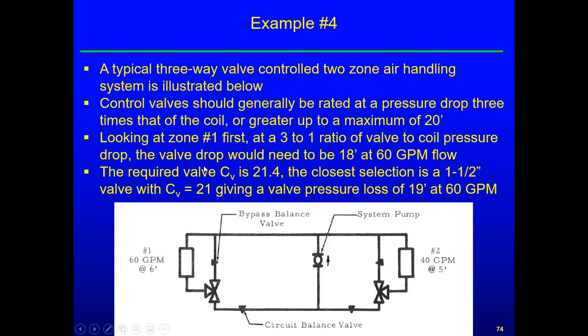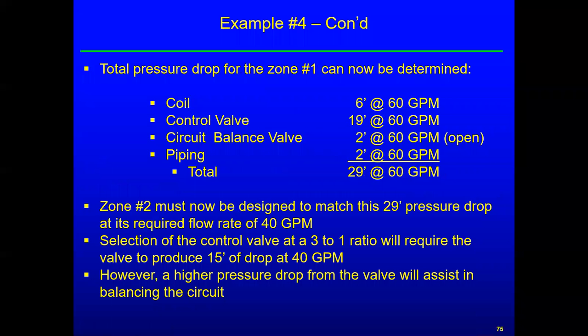And so it comes out 21.4. We don't have 21.4 in our sizing chart, but we have 21. And so when we use 21, then that pressure drop instead of 18 is 19, which is fine. It's less than 20, and it's greater than 3 times, so that's good. So that's what we're going to have for the circuit on the left.